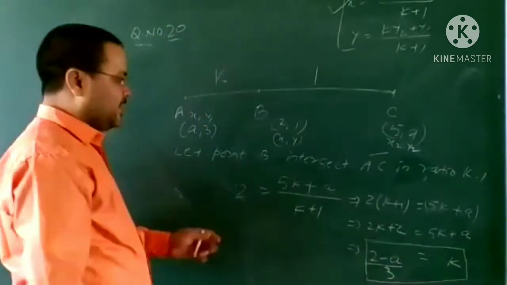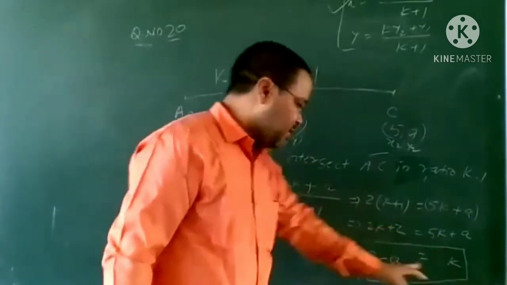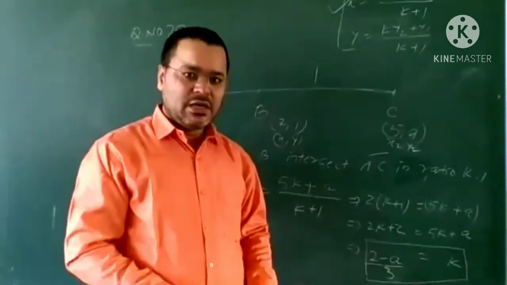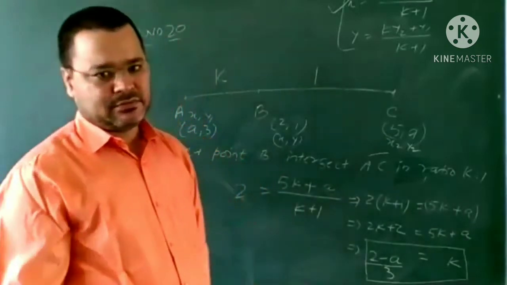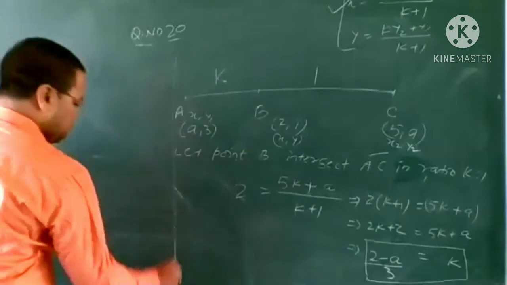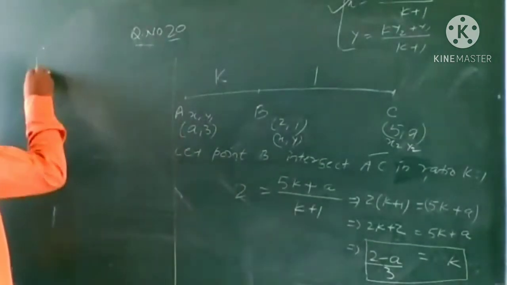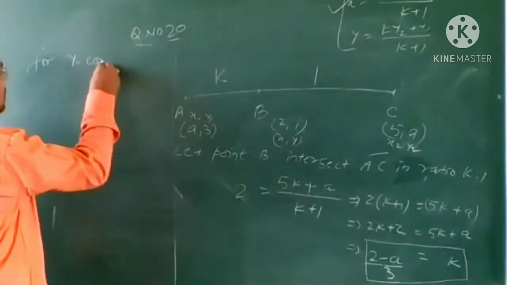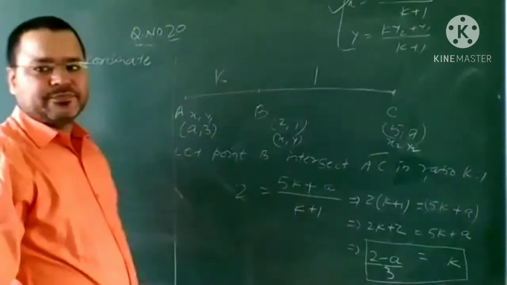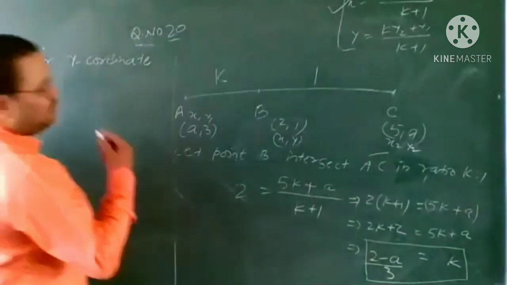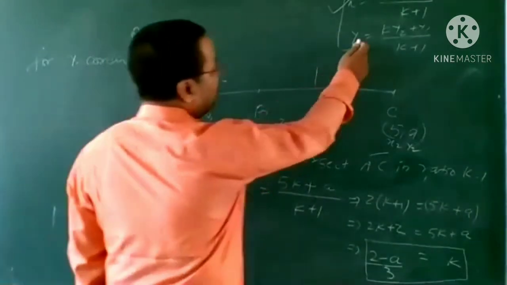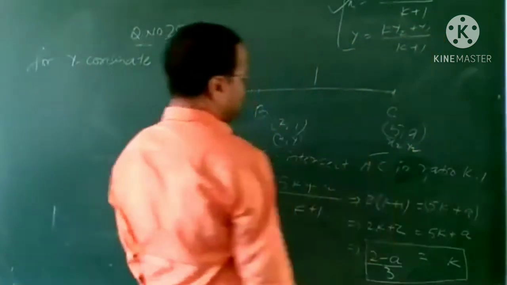Similarly, we find the value of k using the y coordinate, and after that both will be equal, and we get the value of a. So similarly for the y coordinate, using the k method: y is equal to (k y2 plus y1) upon (k plus 1).